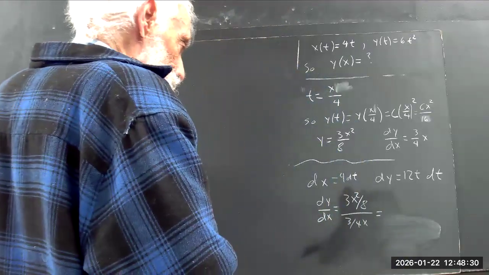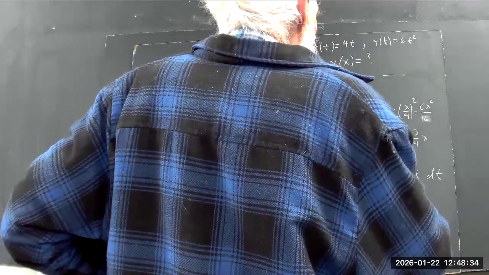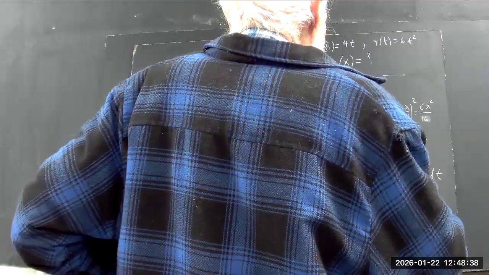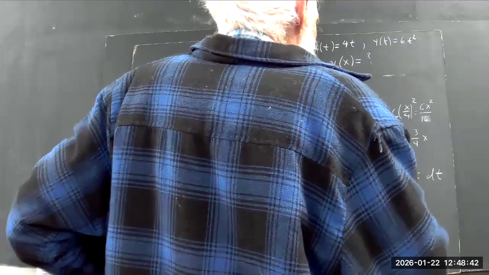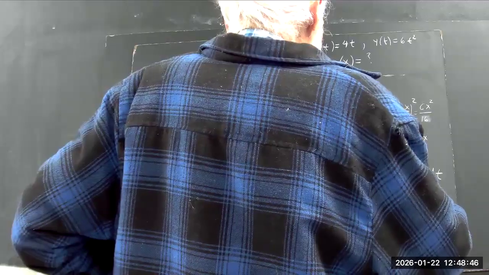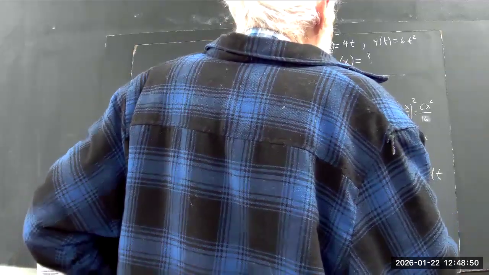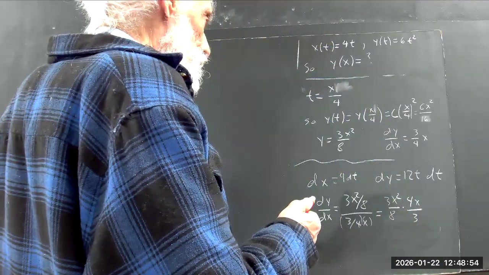Okay. So just to be careful, that's 3x squared over 8 multiplied by 4. It's 3/4 of x. The x that looked like it was in the denominator. It's 4x over 3. That can't be right. The x does have to be in the denominator.